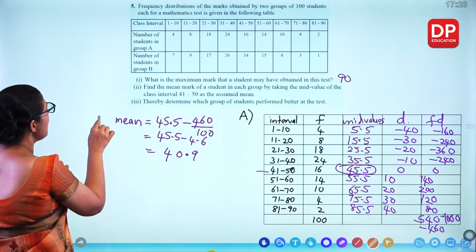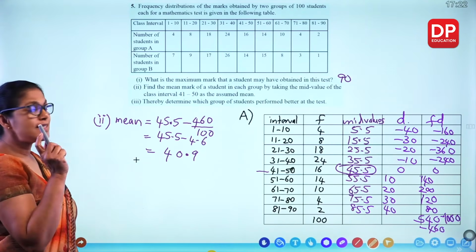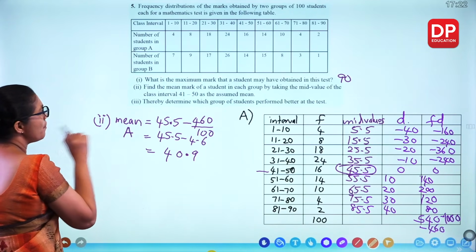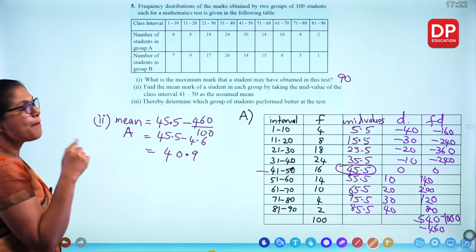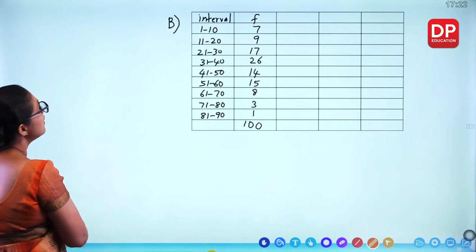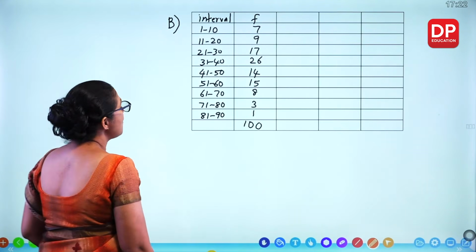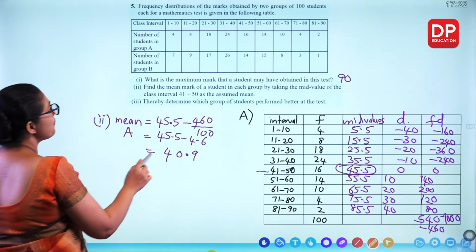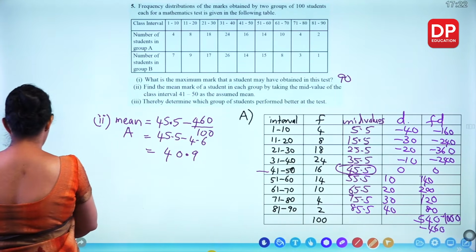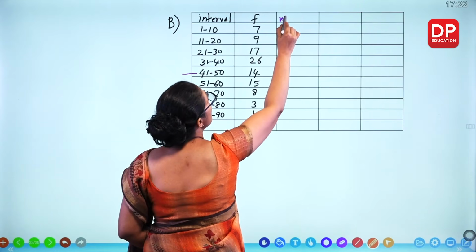Then the third part, this is second part. Third one, now 40.9 means this is the mean mark for group A. Mean for group A. Now we have to find out the mean for group B. So we'll take the same table and find out the mean for group B. They have asked to take the mid value of 41 to 50. So we'll take the same thing, 41 to 50. So calculate the mid value.